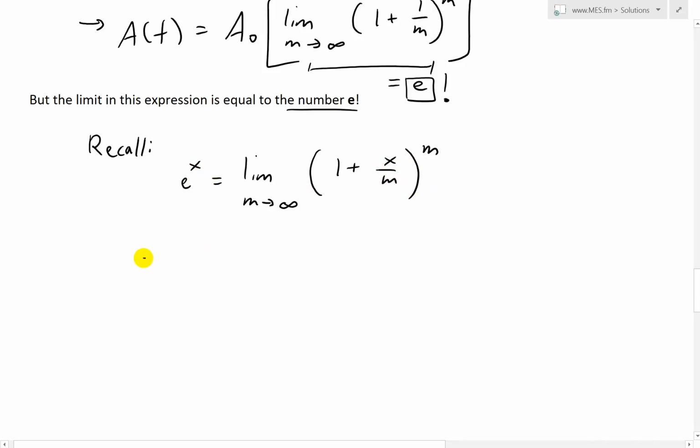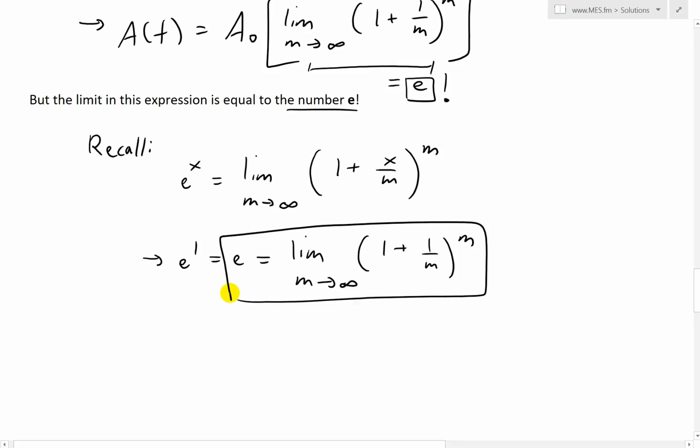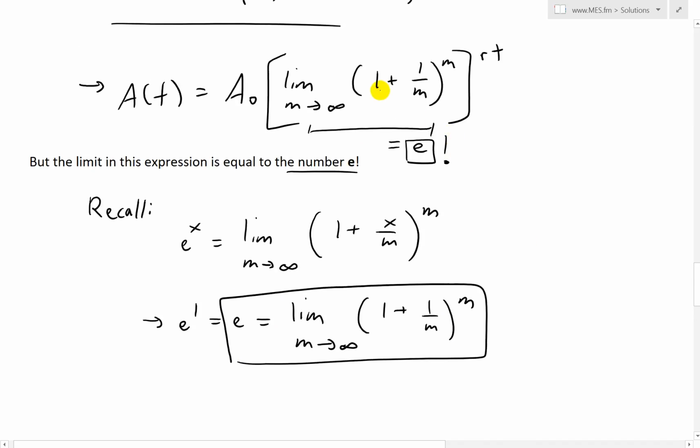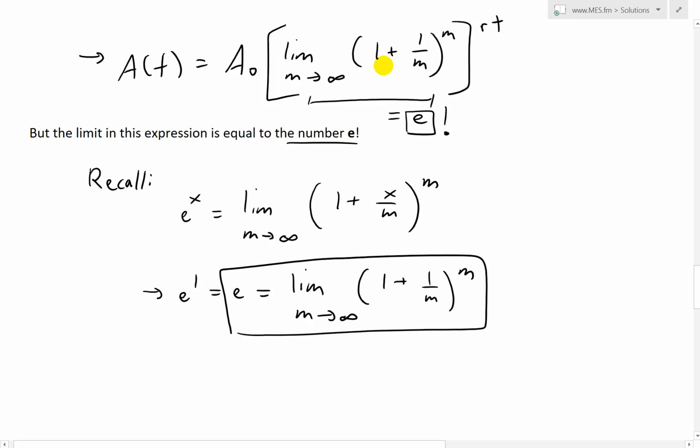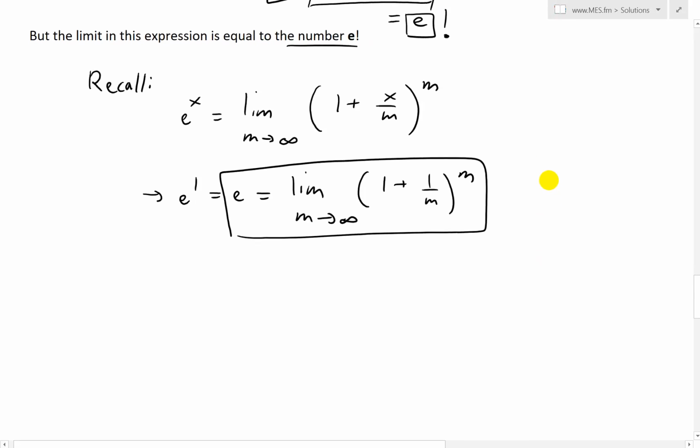And if we were to look at e to the power of 1, that's just e, that just equals the limit as m approaches infinity, and now you plug in 1 for the x, we get 1 plus 1 over m to the power of m, which is exactly our value right here. So 1 plus 1 divided by m to the power of m, which is quite remarkable.